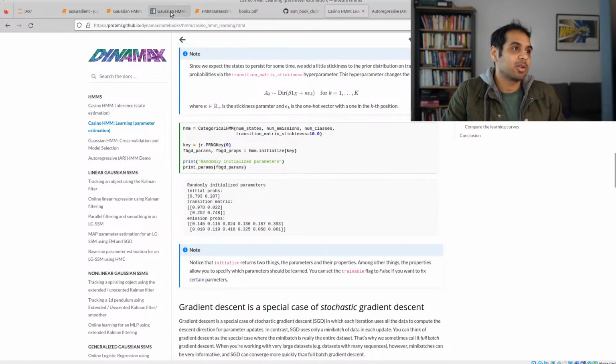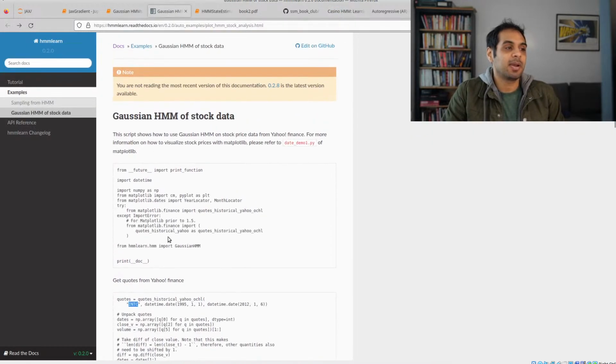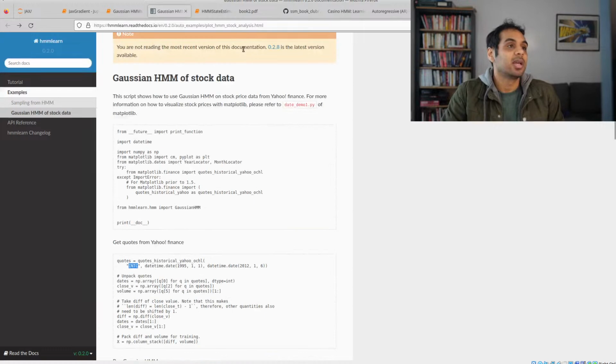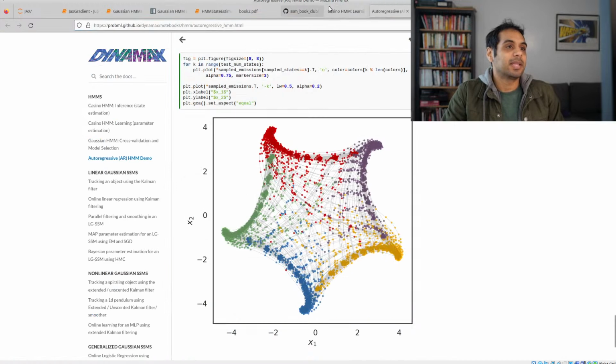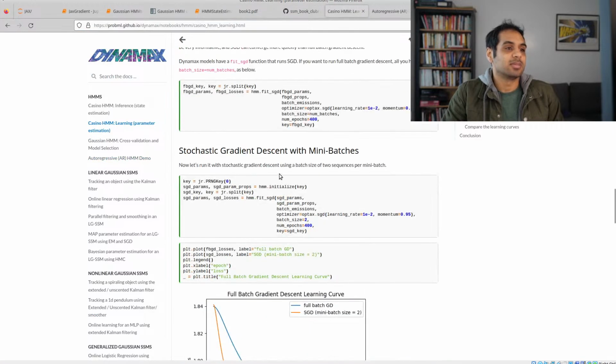So HMM learn, for instance, because it's just based on NumPy and it doesn't have gradients, it can apply expectation maximization and sort of the historical, let's say, pen and paper calculations, and it does it quite wonderfully. But Dynamax is cool because it implements the same functionality using just regular calculation, but then you also get gradient descent. So that in and of itself is quite helpful.